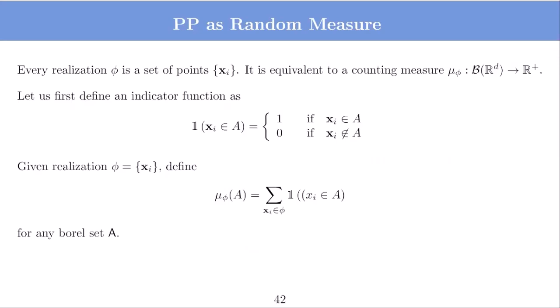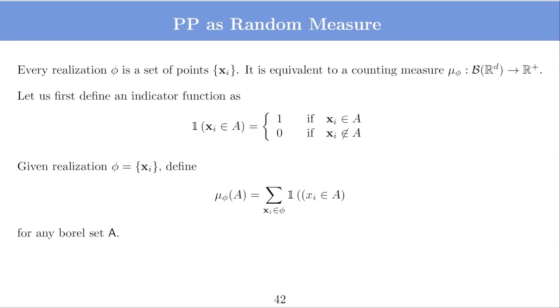And you do it for any Borel set A. So I'm defining this measure on the collection of all Borel sets, which is nothing but the Borel algebra on R^d. For any Borel set, this function mu phi would give me how many points of phi are there in A.